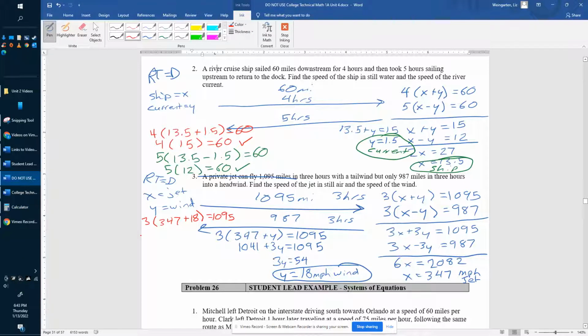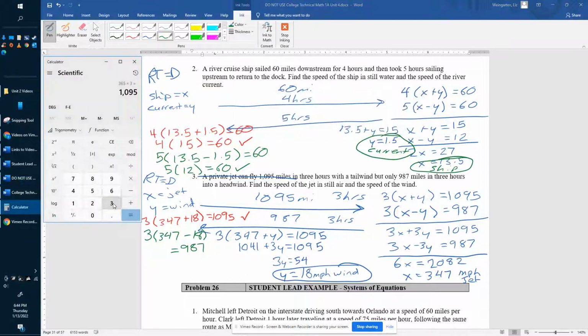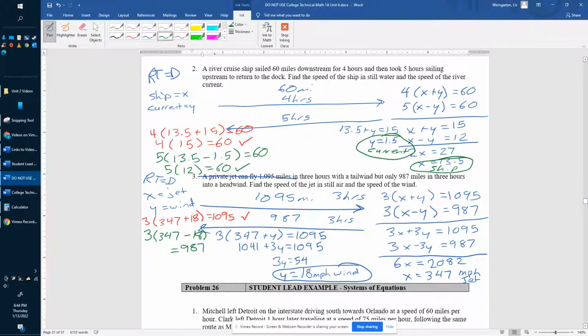So that is correct. That does work. Let's try the other equation. We have 3 times 347 minus 18 equals 987. 347 minus 18 times 3 equals 987. That one works as well. We are good to go.